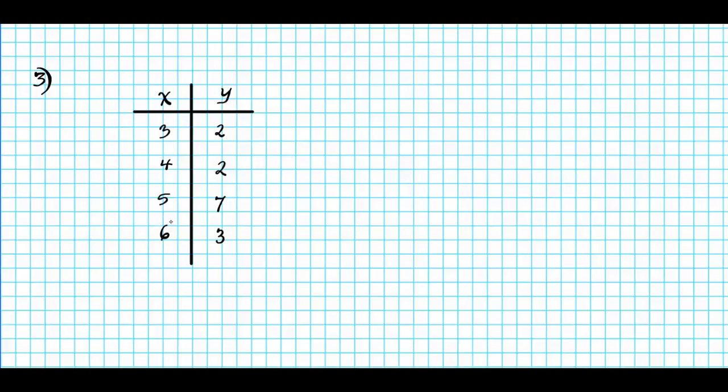When you have repetition in the x's and distinct y values, an input is assigned to more than one output, which is not a function. So that's the quick way to deal with numerical representations of functions.